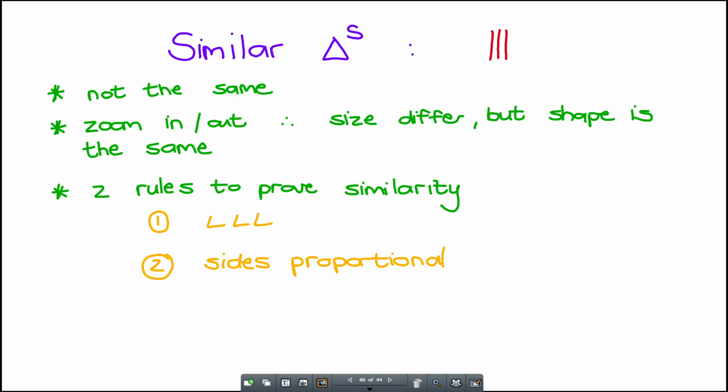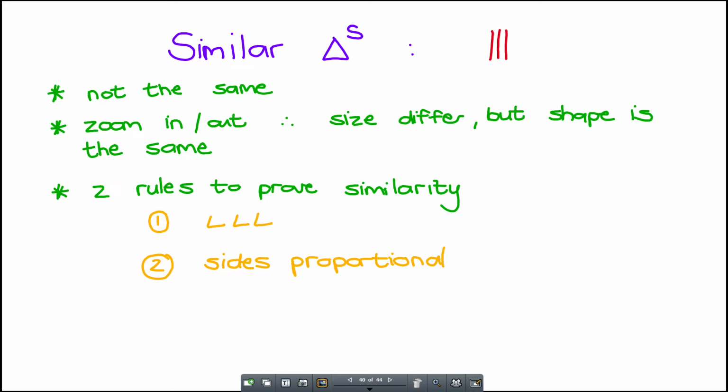The alternative, or the second method of proving that 2 triangles are similar, will be sides proportional. Because if you think of a picture, if I've got a picture of your face and I zoom in to see your nose, is it only your nose getting bigger, and the eyes and the ears and the mouth stay small?